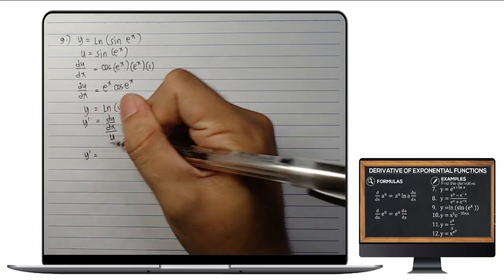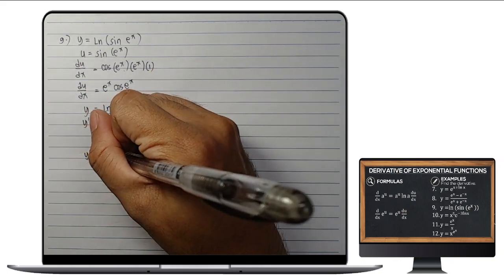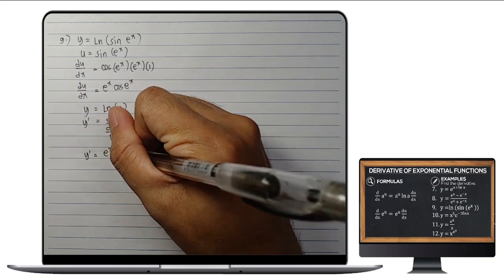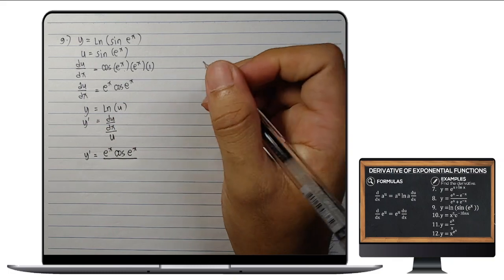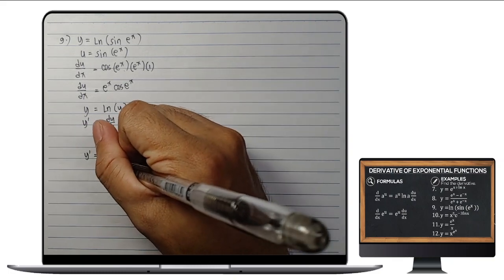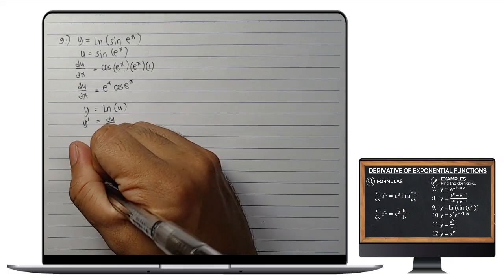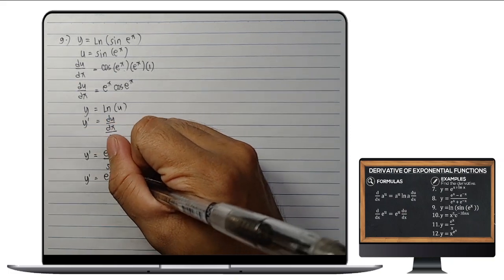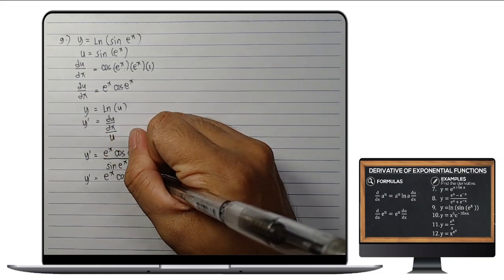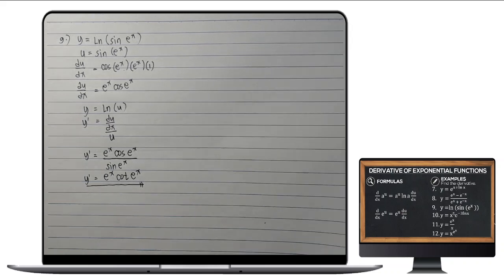Therefore, y prime is e raised to x multiplied by cosine of e raised to x divided by u, which is sine of e raised to x. We can simplify this as e raised to x cosine over sine, that is simply cotangent of e raised to x. Okay.